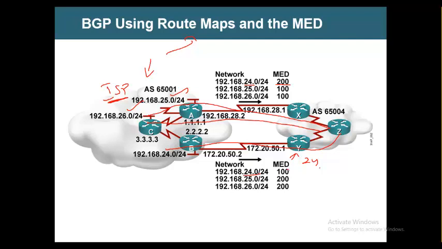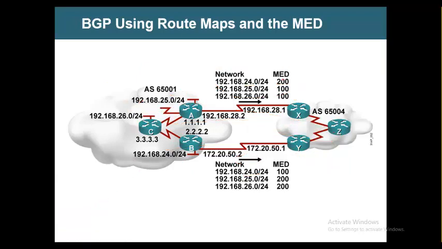Because of this arrow mark, don't think it is configured on B. No, this is configured on Y, and this is configured on X. Sorry, this is configured on B, this is configured on A, and the packet is going from X to Y to Z. Let me repeat.